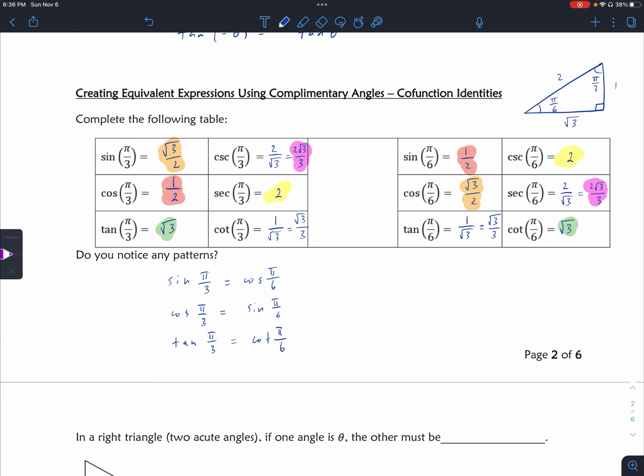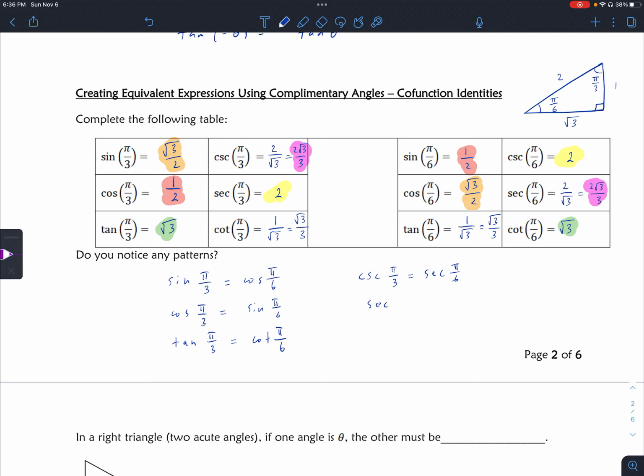And we got some other ones, right? Cosecant of pi over 3 is equal to secant of pi over 6.